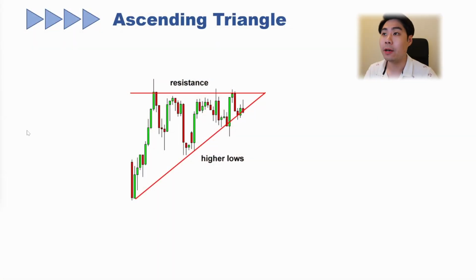First, let's talk about the ascending triangle. Ascending triangle is a popular chart pattern and it is represented by a support trend line that's going up and it converges with a horizontal resistance. So what does this chart show? With the ascending support line, this means that there is more and more demand over time.